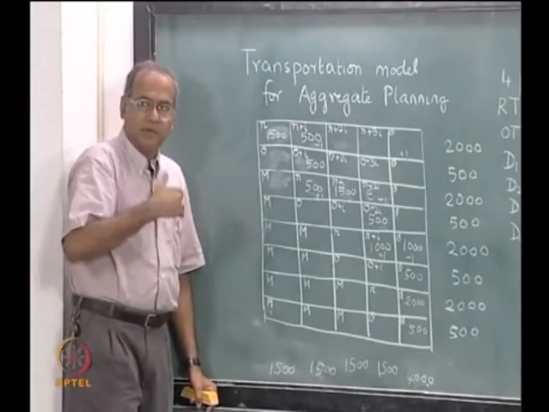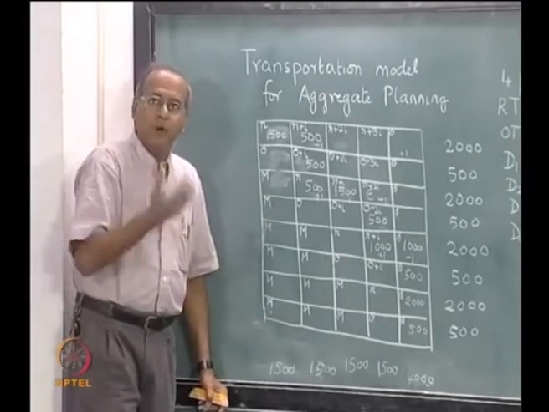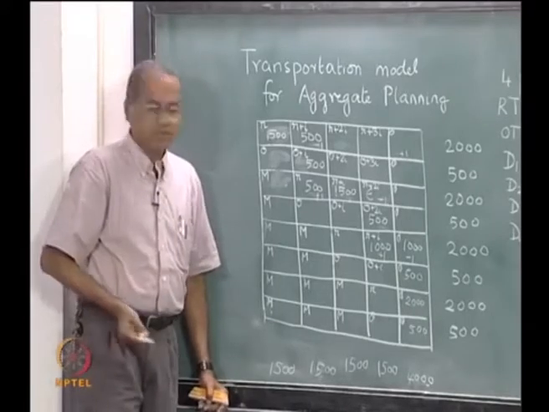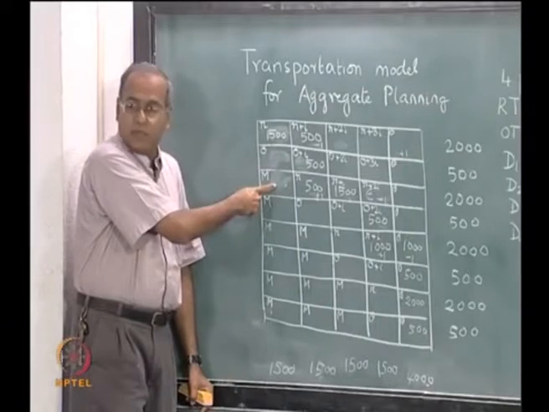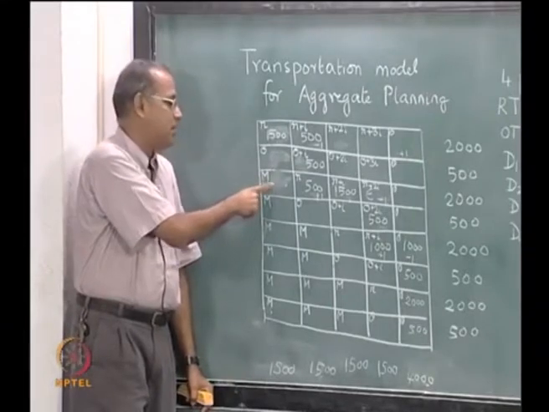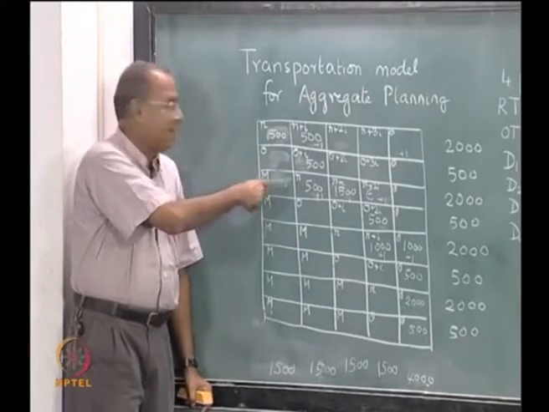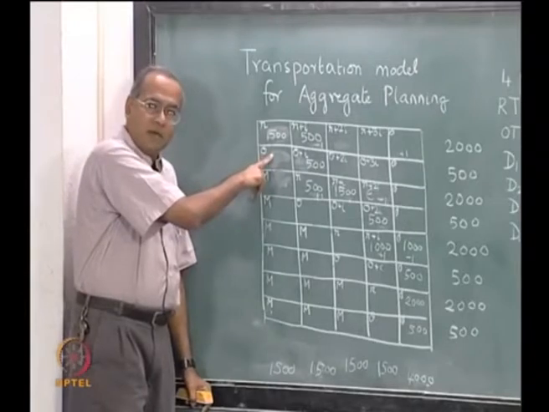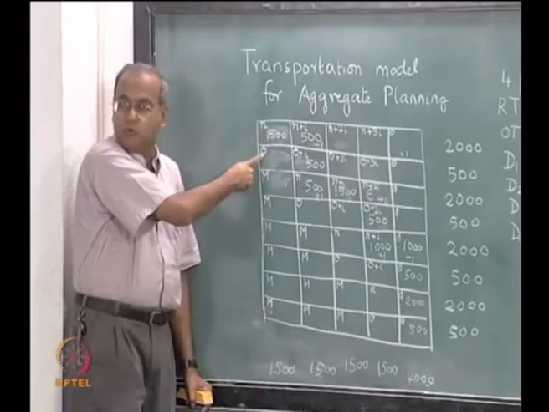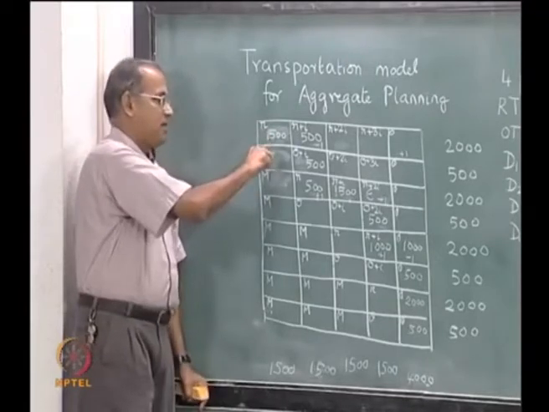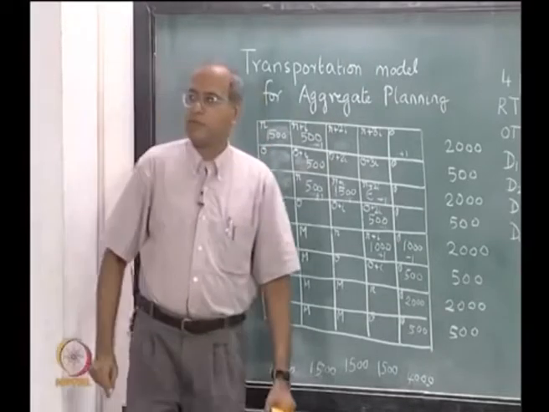non-dummy, non-basic possible positions. Example, this is a non-basic, non-dummy position, but it is not possible because there is a big M. This is a non-basic, non-dummy position, it is possible because it has a value of O, but if we put a plus 1 here, then the net is only going to be 0.